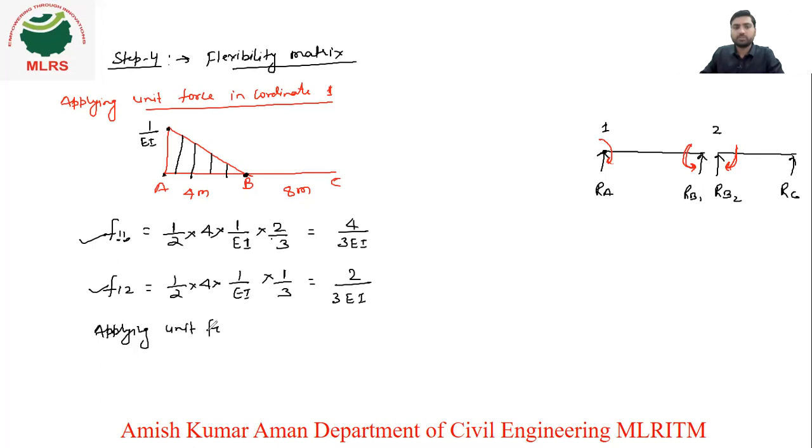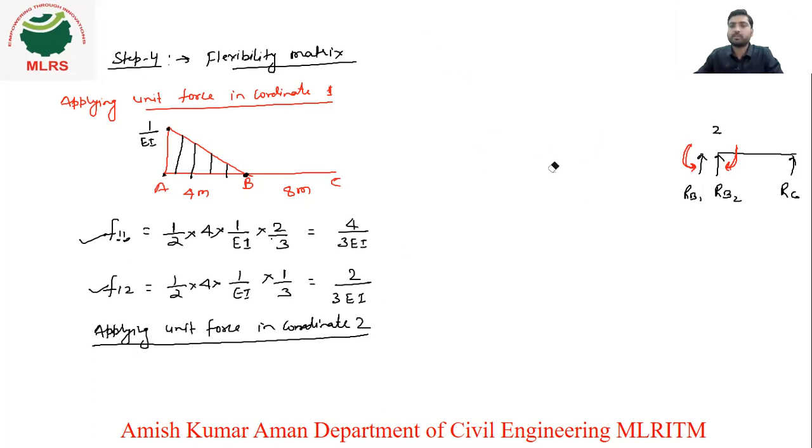Now applying unit force, or you can say rotation, in coordinate 2. Now we are giving the unit force in coordinate 2. So what will happen to the conjugate beam? We are giving the unit rotation at B, right?